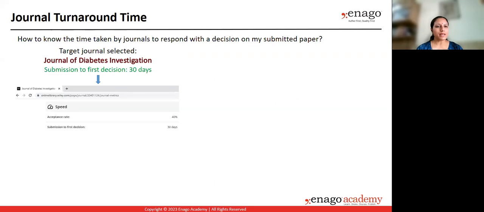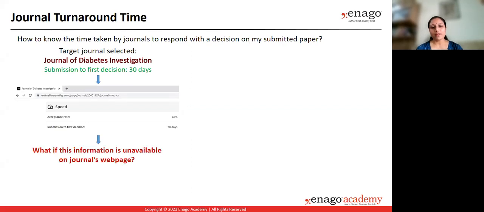However, our target journal, Journal of Diabetes Investigation, is a widely published journal, and it has presented the information about submission to first decision on its journal webpage. This was rather easy to find for the author.